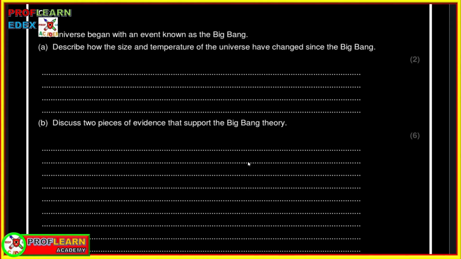Describe how the size and temperature of the universe have changed since the Big Bang. The size has increased because the Big Bang theory claims that the universe expanded from a single dense point, and is still expanding. So the size of the universe has increased, as well as the temperature has reduced.